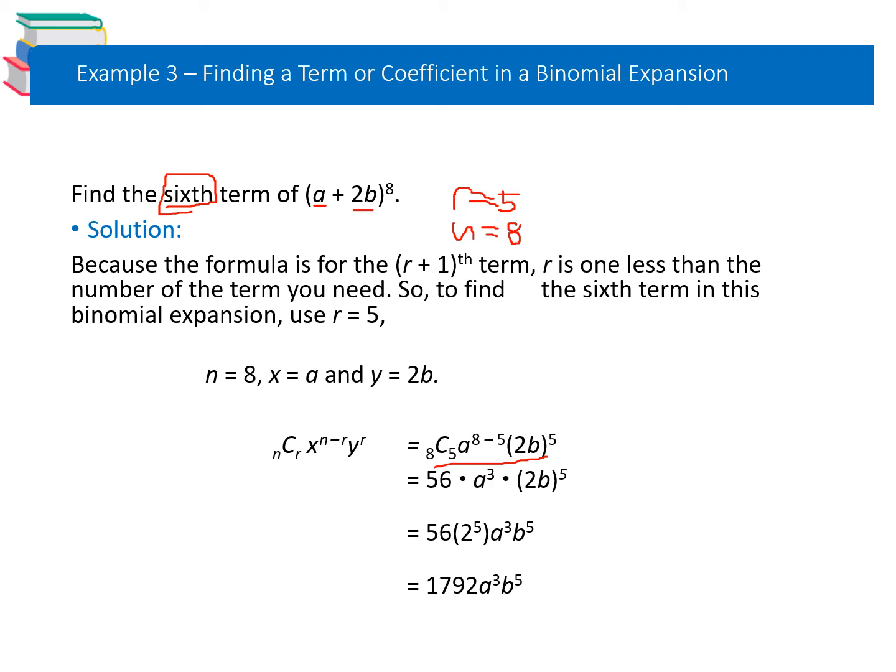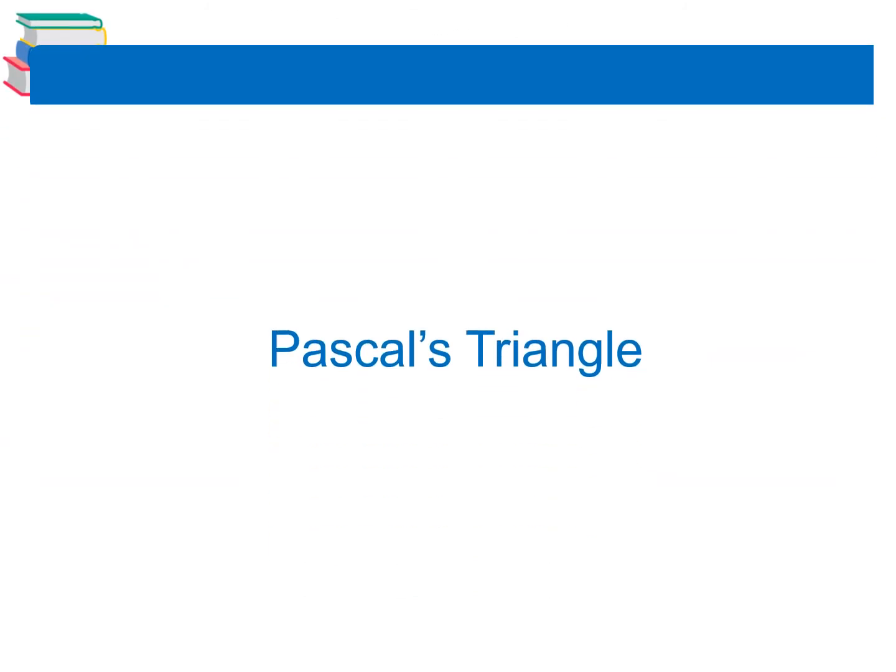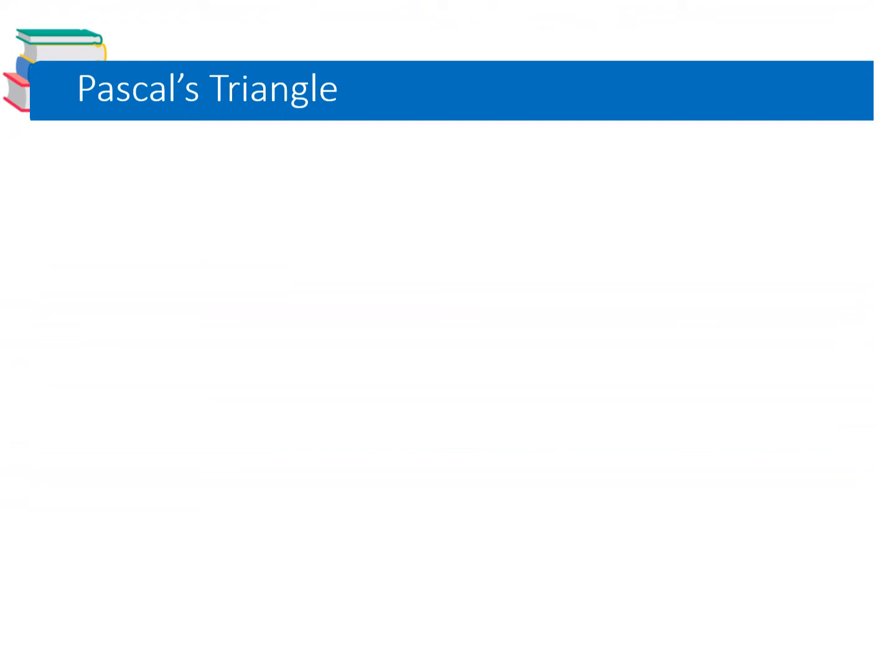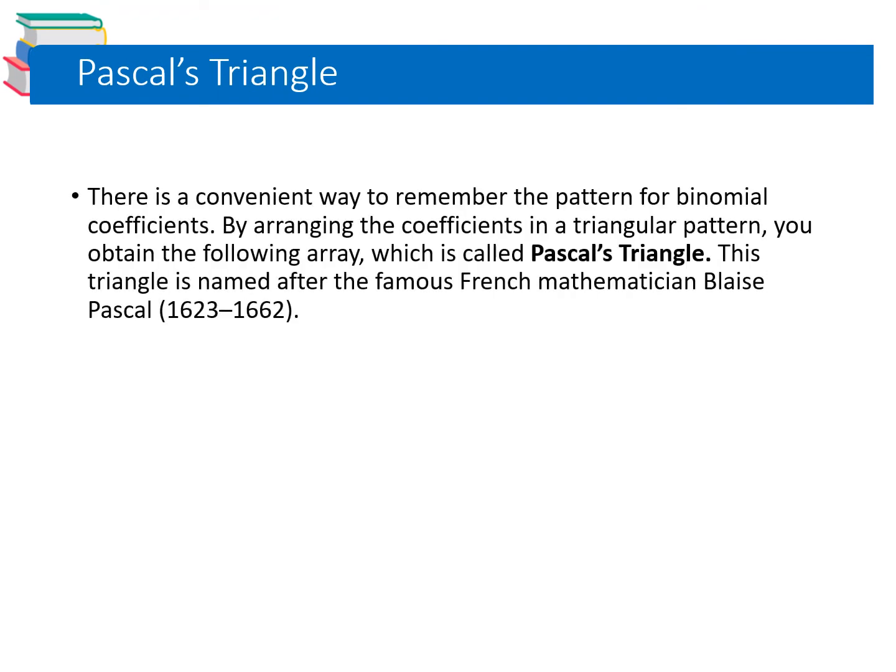Next. Pascal's triangle. I already mentioned it in our last lesson. Here in Pascal's triangle, I'll explain it to you. There is a convenient way to remember the pattern for binomial coefficients.